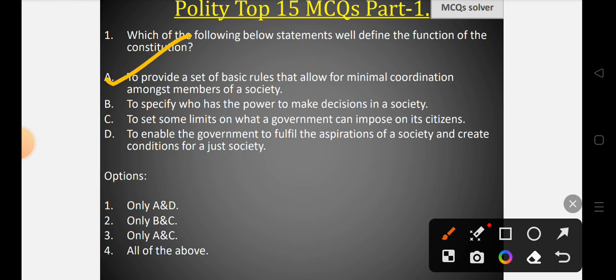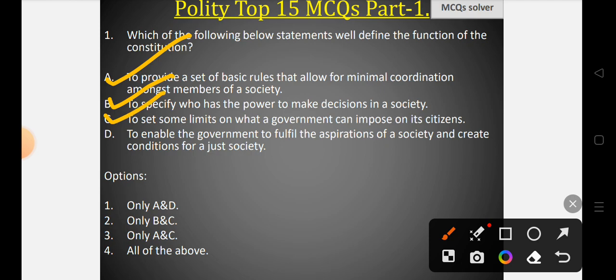Also it specifies what powers are to be given to the government, to the judiciary, to the executives. So statement B is also correct. Also it sets some limits on the government through fundamental rights and through other policies. So statement C is also correct.